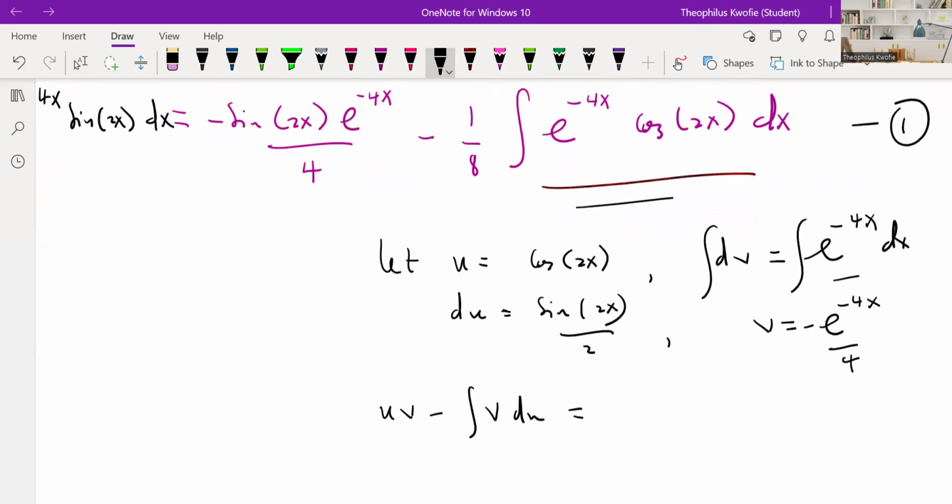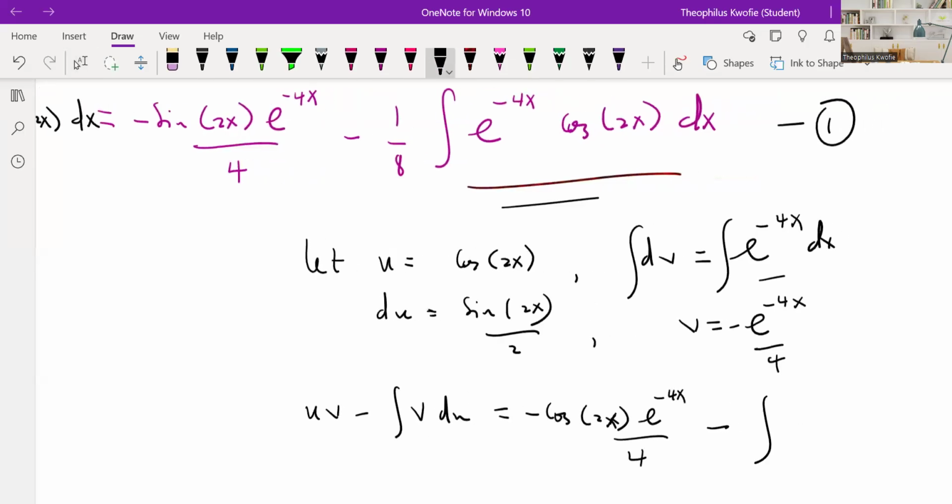So let's do that. What is our u? Our u is the cosine of the angle, cosine of 2x. And then our v is minus e to the power minus 4x on 4, then minus the integral.